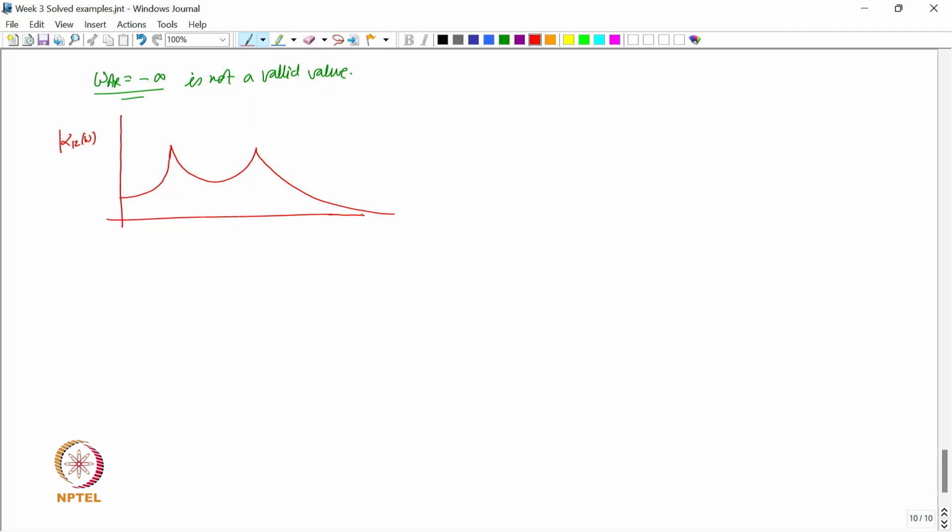So this FRF actually does not have any anti-resonance frequencies. You can see between the two resonant frequencies, this is the first resonant frequency, this is the second resonant frequency. Between these two there is no anti-resonance frequency.